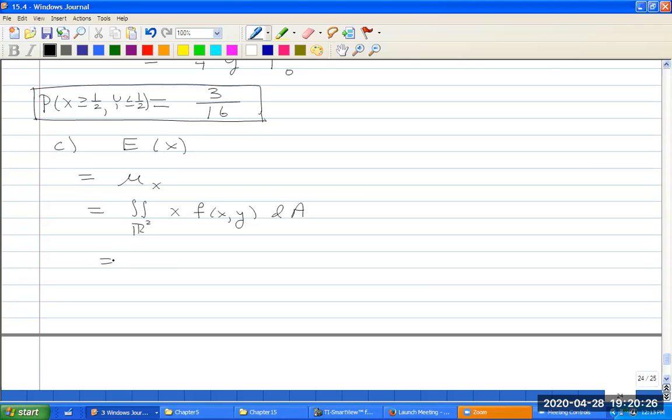So this is equal to the integral from 0 to 1, for both of them 0 to 1, of 4x squared y dx dy.